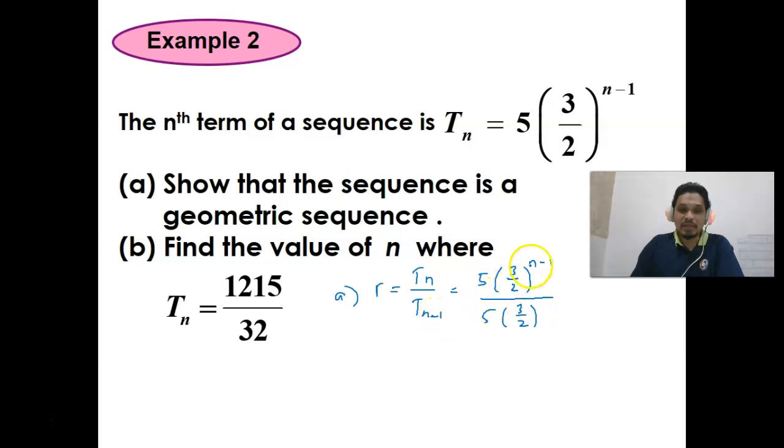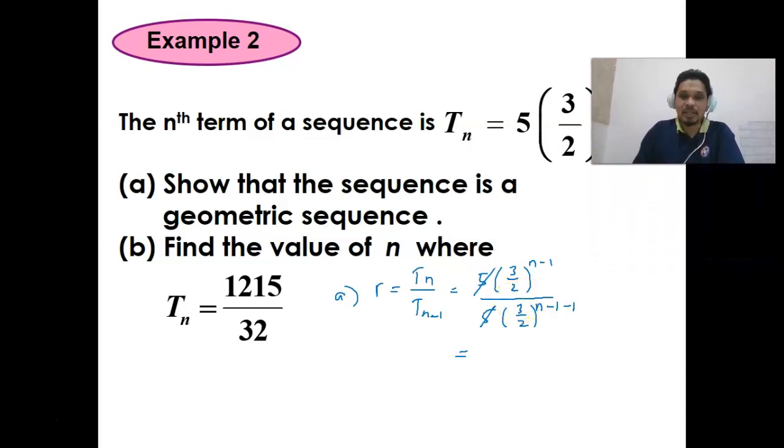So just imagine that if in this n, we substitute with n minus 1. So 5 divided by 5. Okay, now the bases are equal.